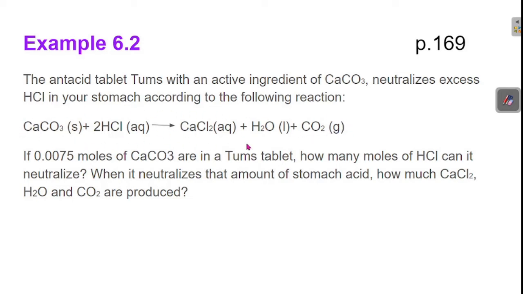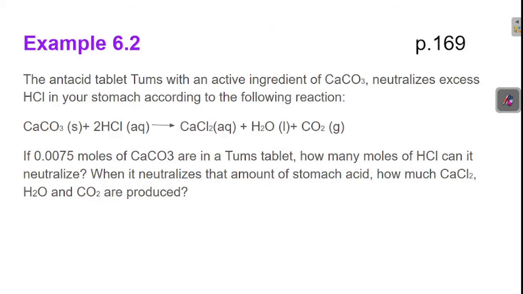It's already balanced. If 0.075 moles of calcium carbonate are in a Tums tablet, how many moles of the hydrochloric acid can it neutralize? When it neutralizes that amount of stomach acid, how much calcium chloride and water and carbon dioxide are produced? So there are several questions here that you're going to have to answer.